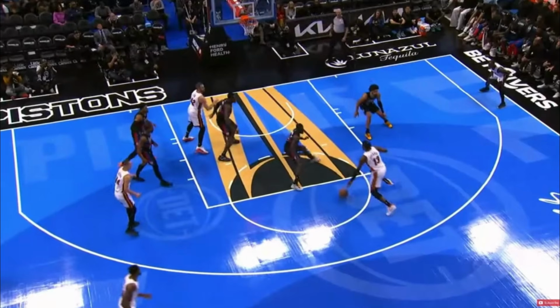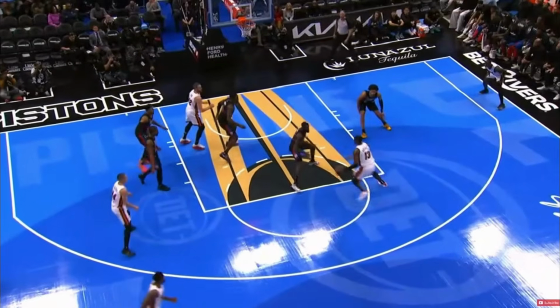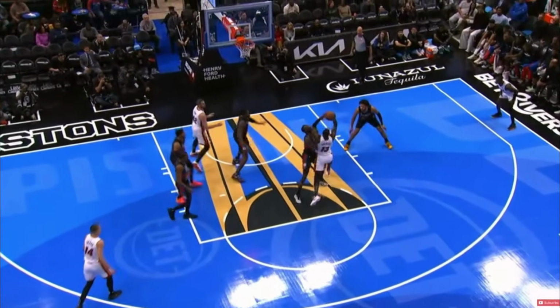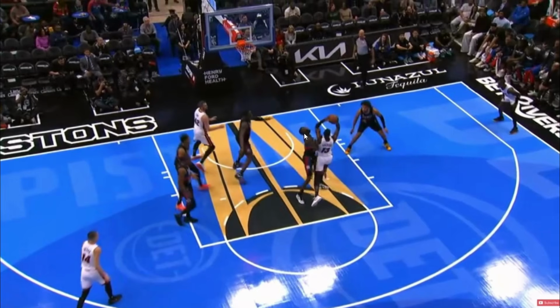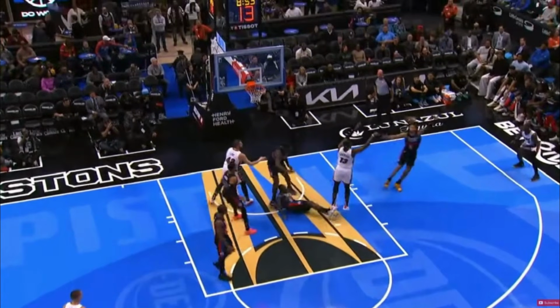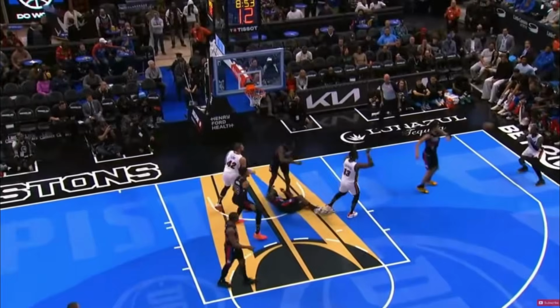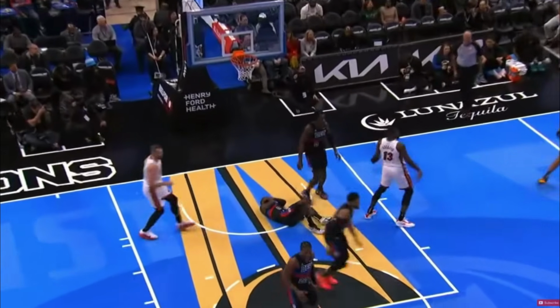So we'll watch it again from a different angle here. Again, Hardaway Jr., his right foot is on the foul line there. The player comes in, his left elbow making contact right underneath Hardaway's chin, forcing his head back. And then as he falls, we can see the back of Hardaway's head again making contact with his teammate's right knee.